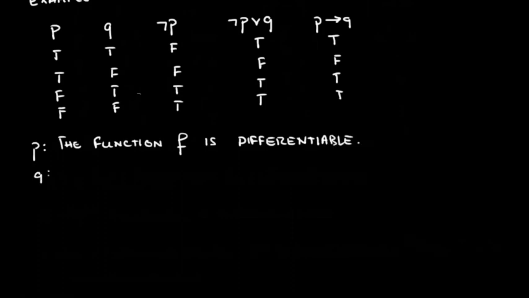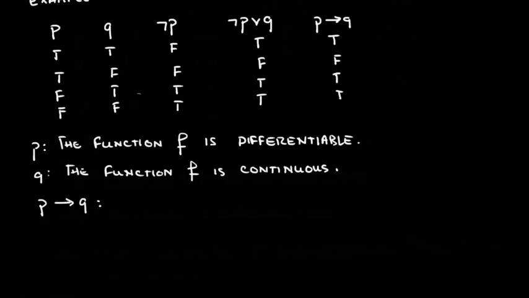So Q could be the function f is continuous. So the function f is continuous. Now, it is actually true that P implies Q. So a function that is differentiable is necessarily continuous.